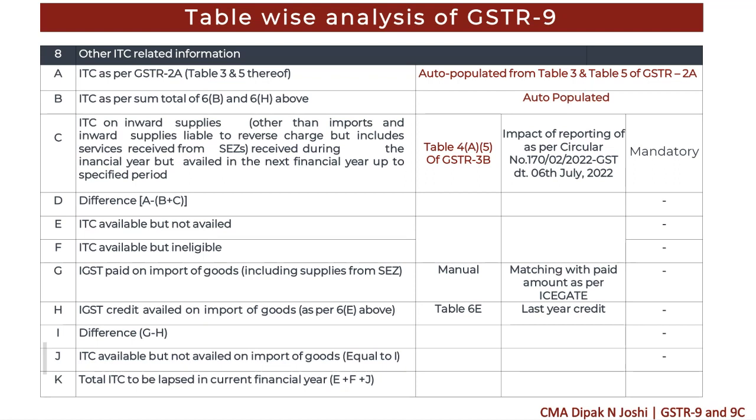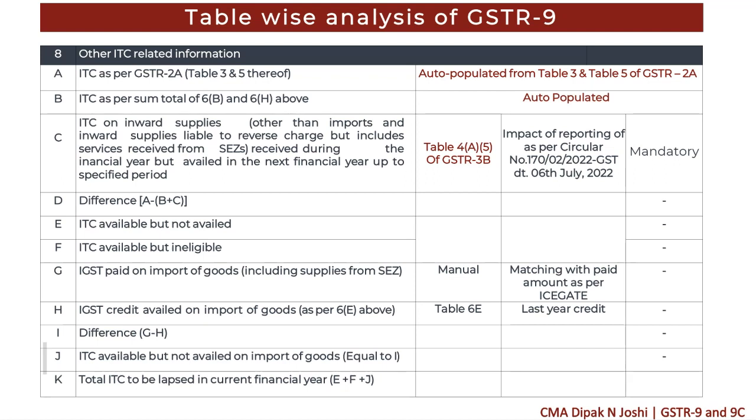Now, the impact of reporting of credit as per 170/02 is also going to create a huge mess in future, because this 170 is stating that you take credit according to GSTR 2B, you reverse that credit and again retake that credit.